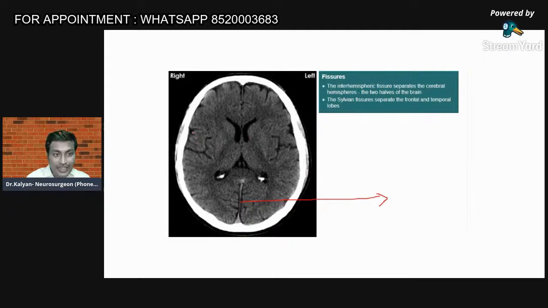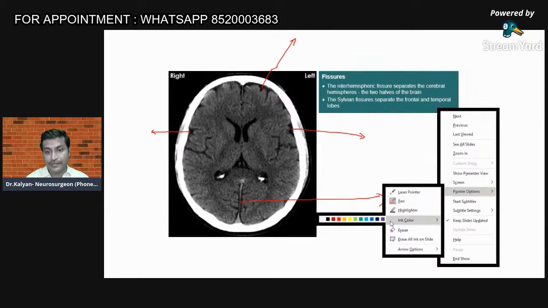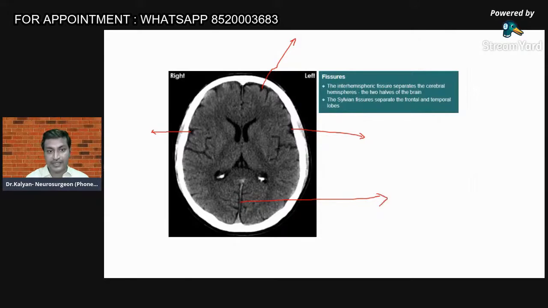Now, identify this structure, these arrows which I'm showing, these black things. All are the same. So what are these red structures? Just answer what the red structures are and also tell me what the blue structures are.